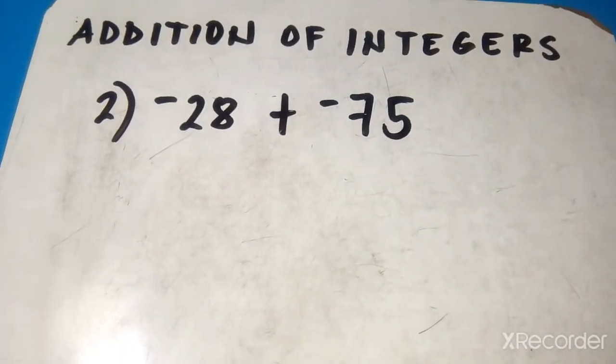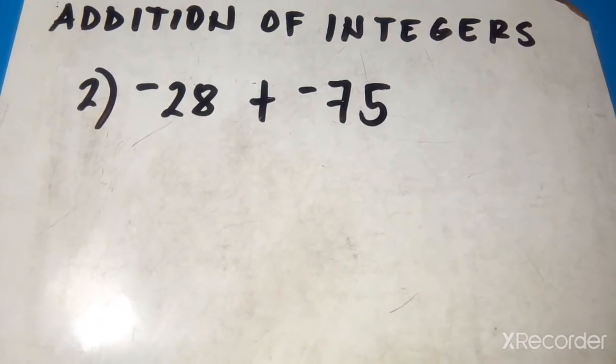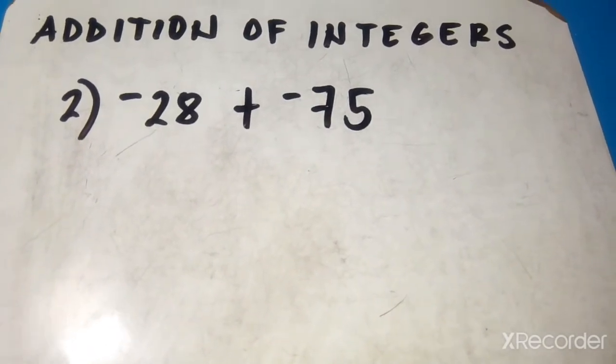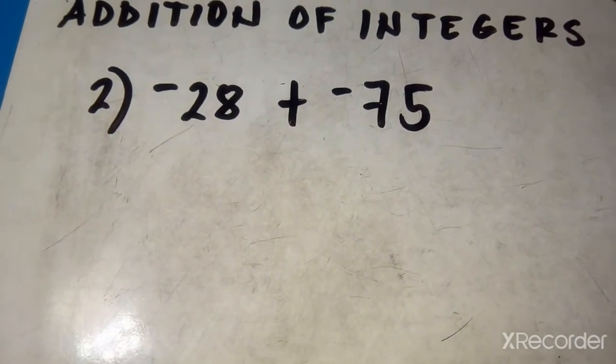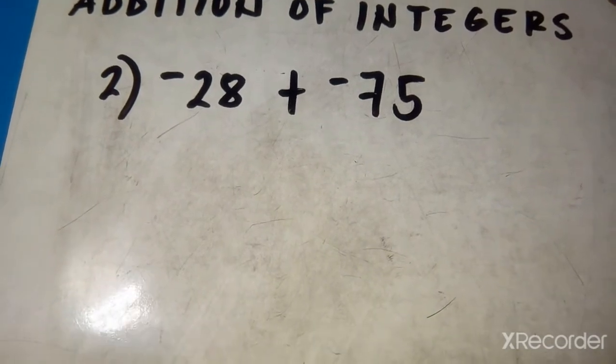Okay, so this time let's have addends with both negative signs. So based on the concept, we have to add their absolute values because they have the same sign.